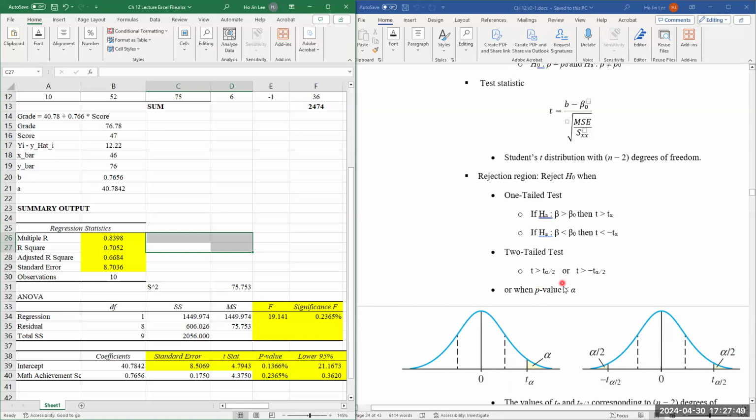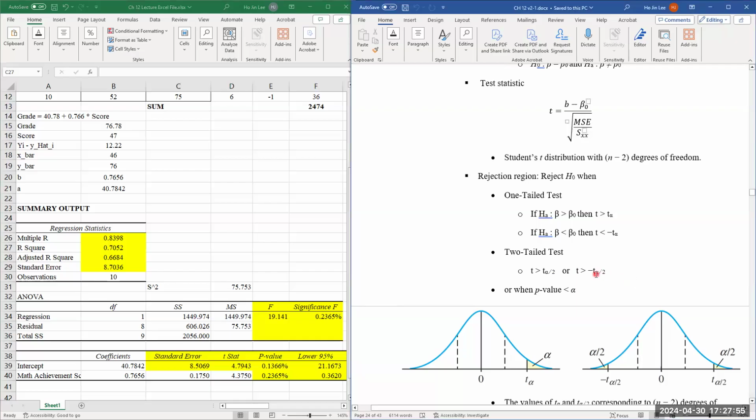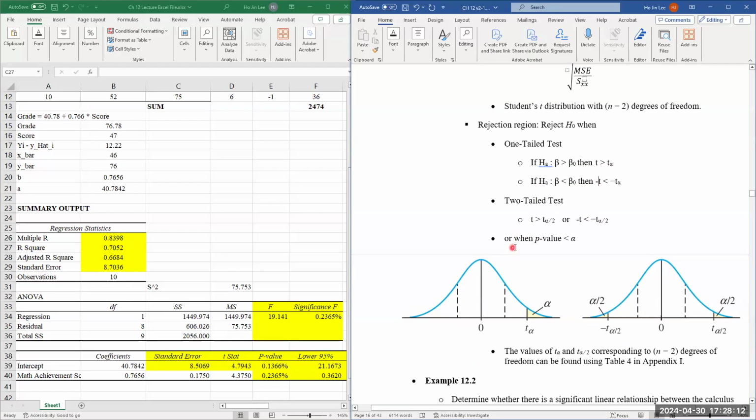In the two-tailed test, T is greater than T of half alpha, or T is less than minus T of half alpha. I'm putting the negative sign here just so we know those are negative numbers. Or the p-value is less than alpha.